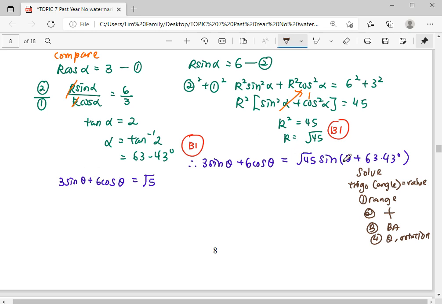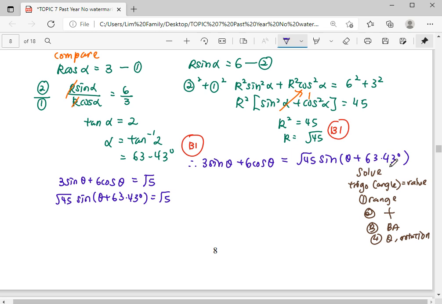We use the latest version of this expression, which is square root 45 in compound angle sine. Now you can notice that our trigo becomes a single trigo already. From just now, we had two trigo terms. When I use this r sine theta plus alpha, I only have one trigo term.